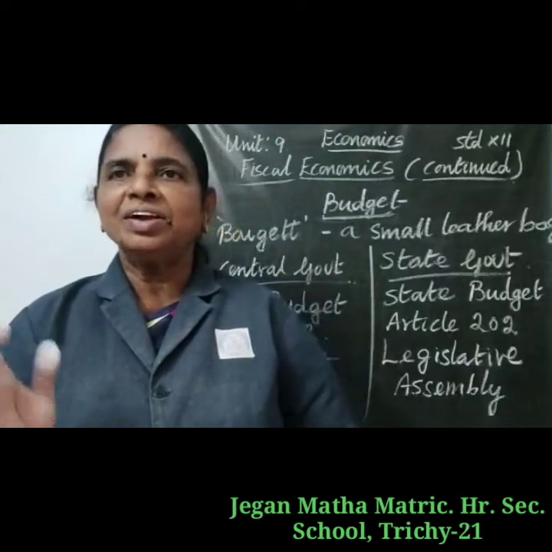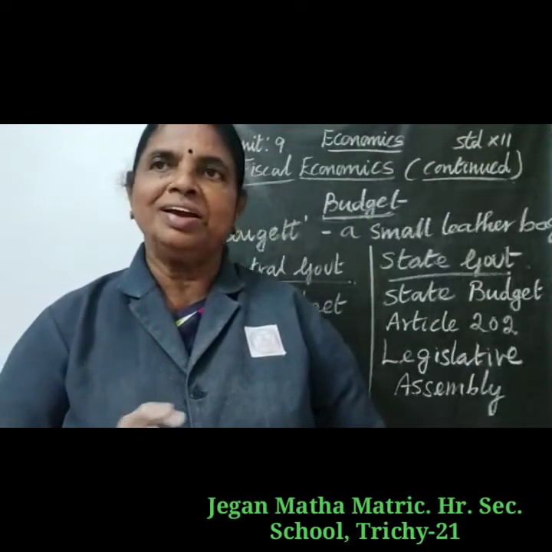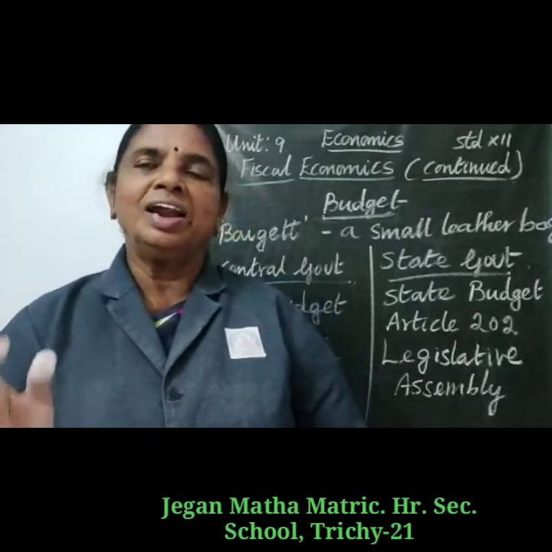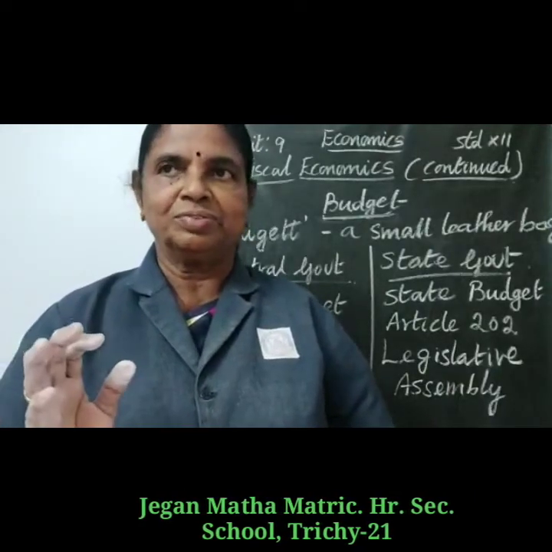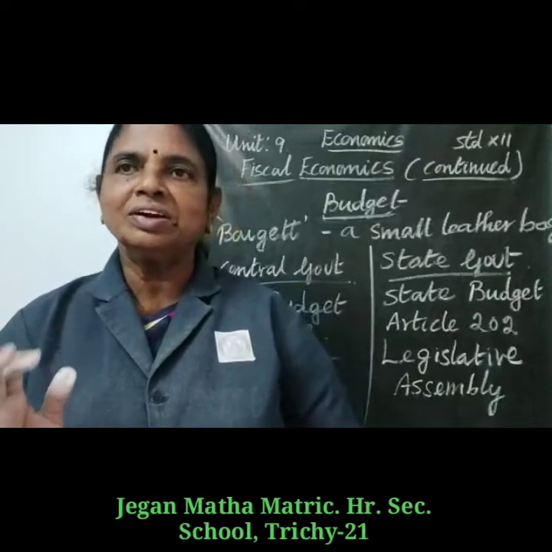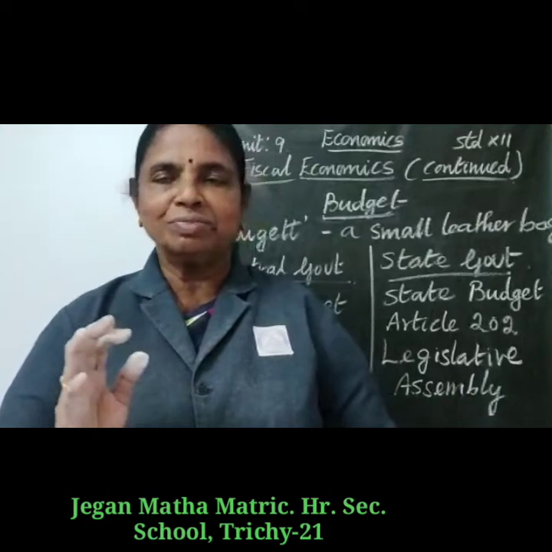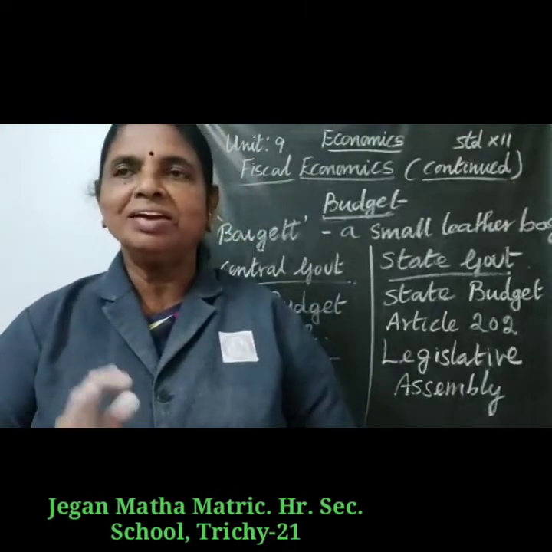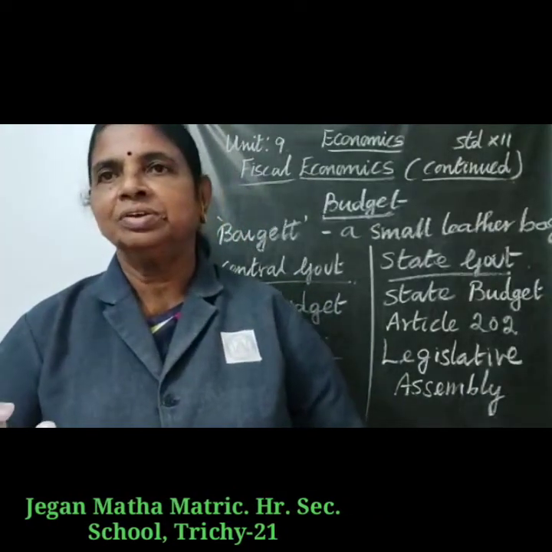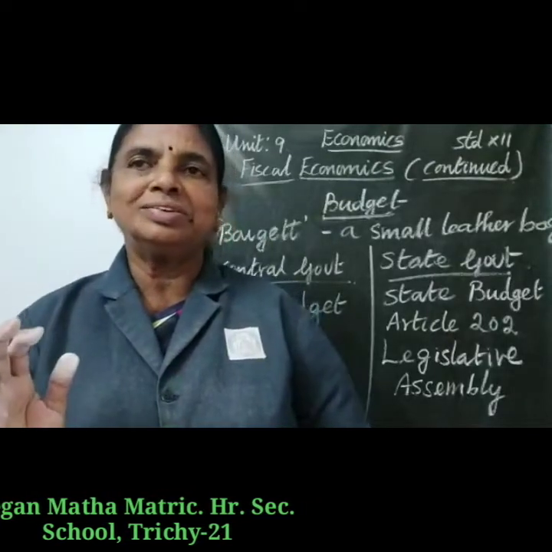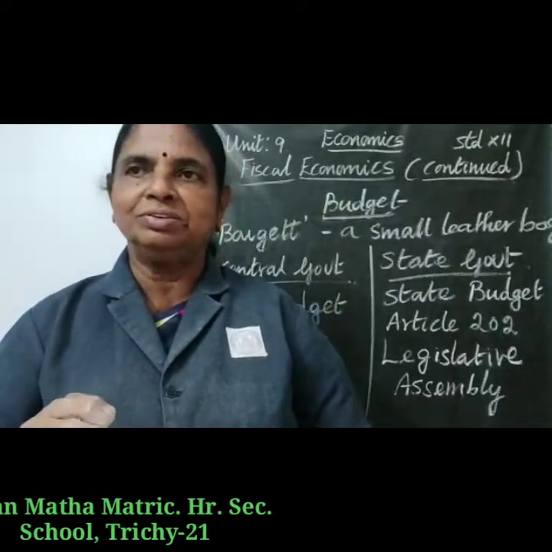Moreover, the revenue receipts can be categorized into tax revenue receipts and non-tax revenue receipts. Revenue expenditure can also be categorized into planned revenue expenditure and non-planned revenue expenditure. Capital budget consists of capital receipts and capital expenditure.